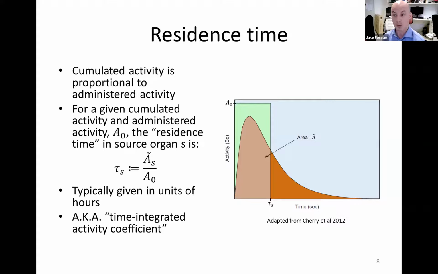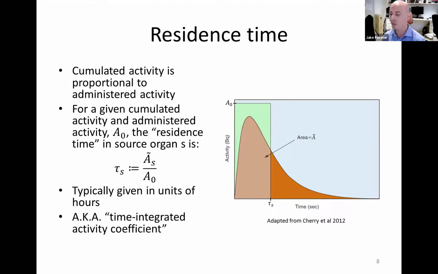The residence time for the source organ is simply the width of this rectangle, such that the area of the rectangle is equal to the area under the time activity curve, or the cumulated activity. That's all this is. Typically, this has units of hours. It'll be quoted in units of hours.